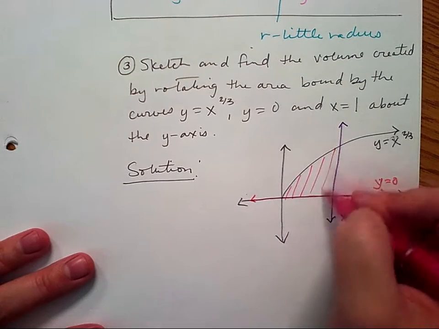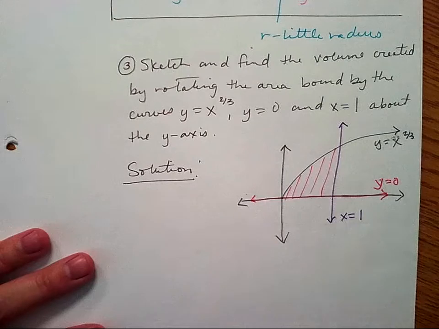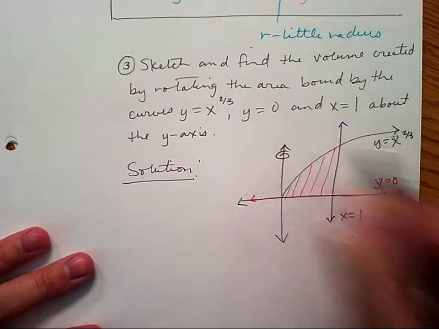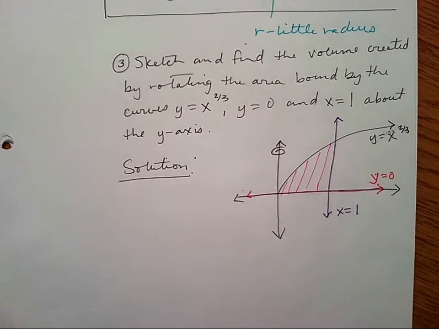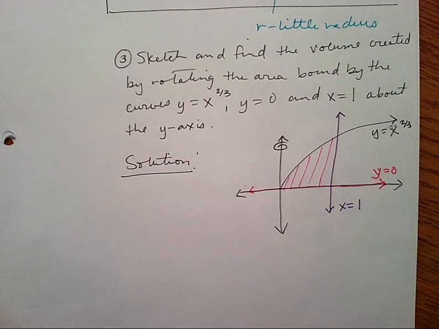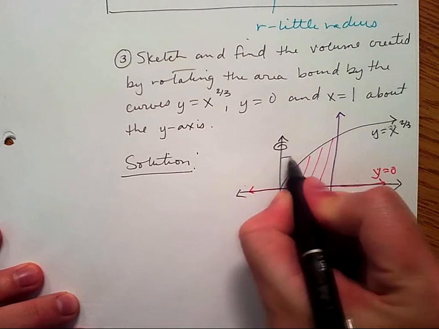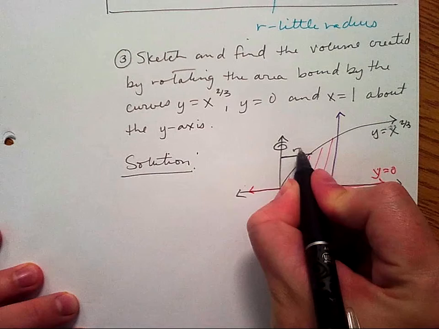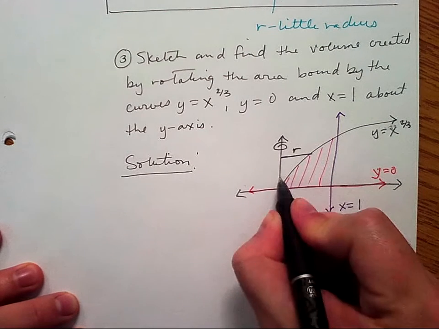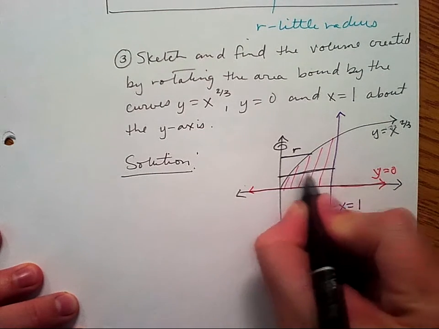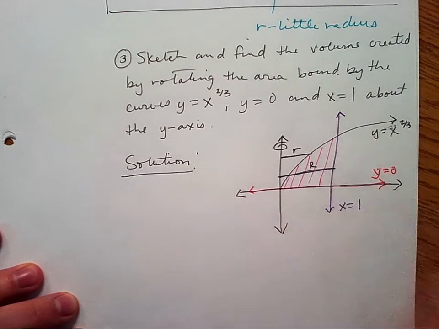This is the area that's enclosed by the curves. I'm going to try to rotate that around the y-axis. So now I'm just looking at my picture and trying to identify the big radius and the little radius, right? So here's my little radius, and here's my big radius.